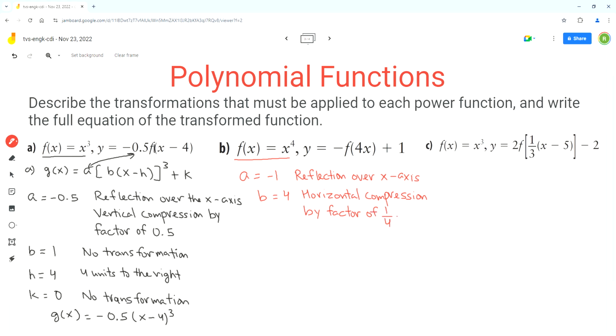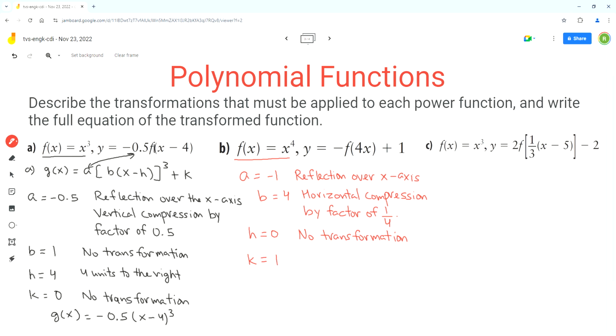H is equal to 0. There is no number being added to x or subtracted from x in the parentheses. There is no transformation due to this h value. K is equal to 1.